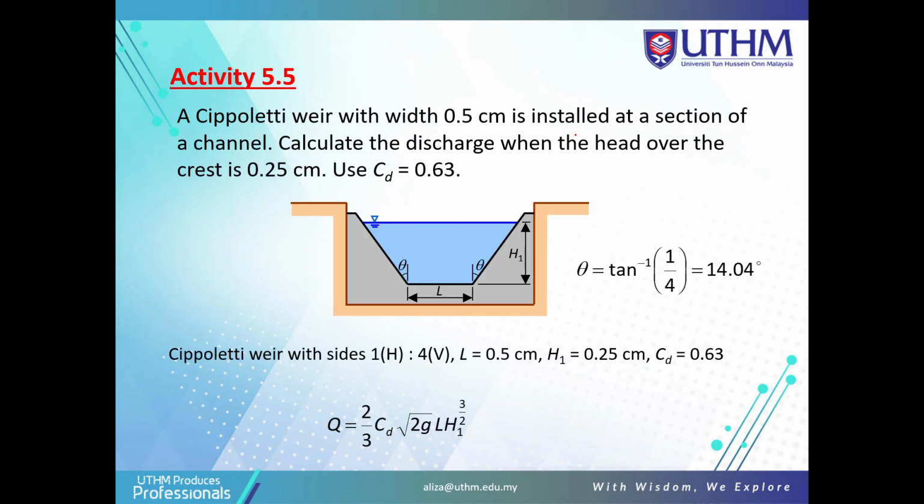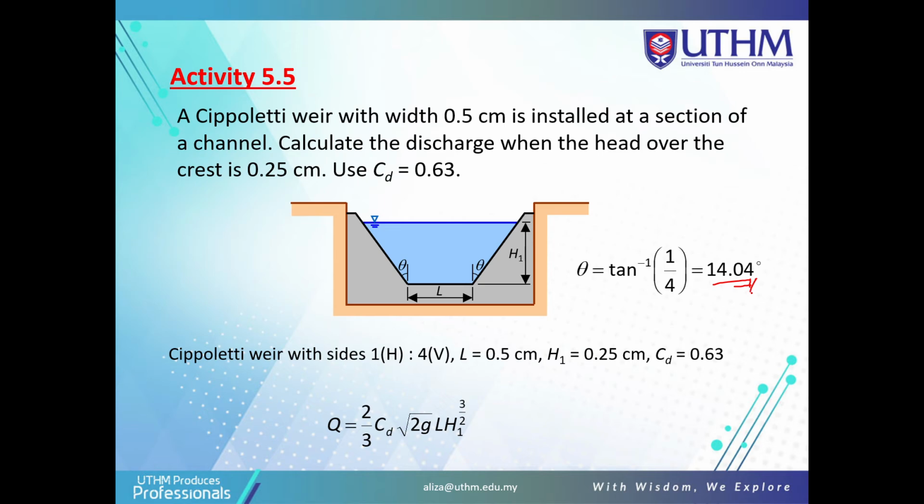Now look at the example here, activity 5.5. The Cipolletti weir with width 0.5 cm is installed at a section of a channel. Calculate the discharge when the head over the crest is 0.25 cm. They give you the L, the angle here, and H1 here, with tangent 1/4 here, so you get the angle.